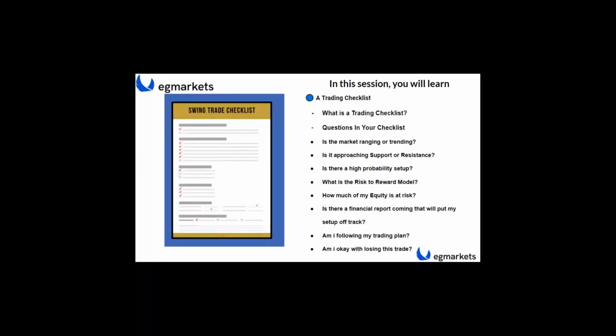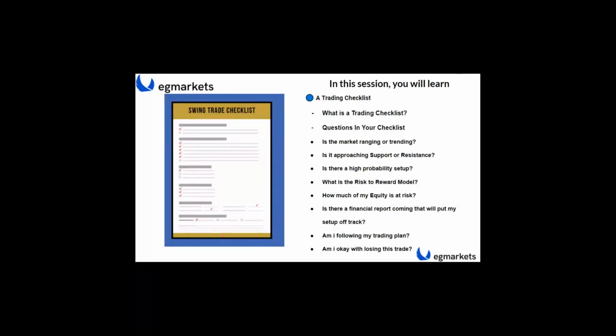The checklist focuses on each individual trade you're placing and the conditions that must be met before you pull the buy or the sell trigger. Now, you might be wondering, if the conditions are not met, what would you do?